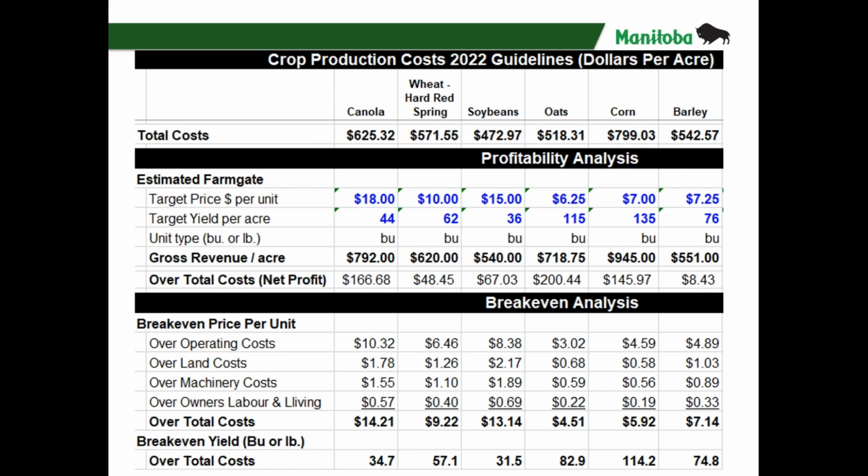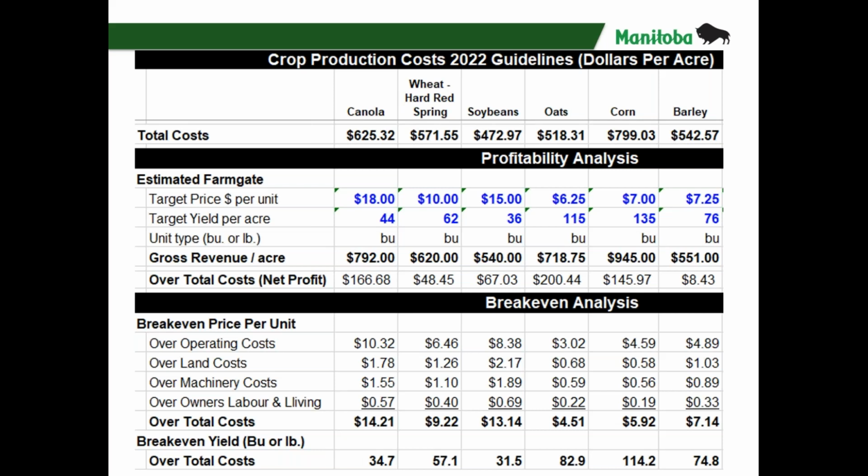But what we see under the break-even end is some pretty high break-even costs and still some quite considerable break-even yields, especially when we look at it through the lens of last year's drought-affected yields. The other thing to bring out, though, is that there's some good potential for profit this year.